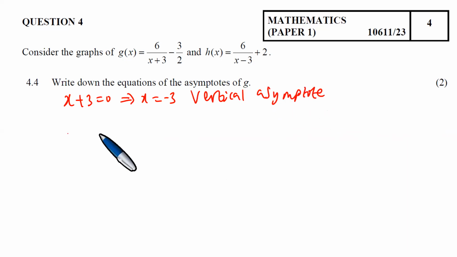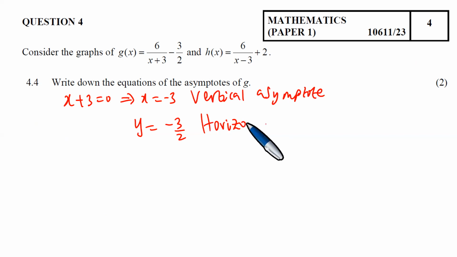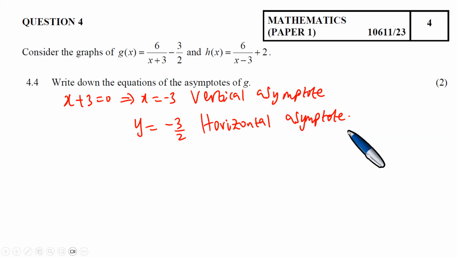And then you have the other asymptote, which for the function g is y equal to negative 3 over 2. And this one is the horizontal asymptote. Right, so we get this answer.